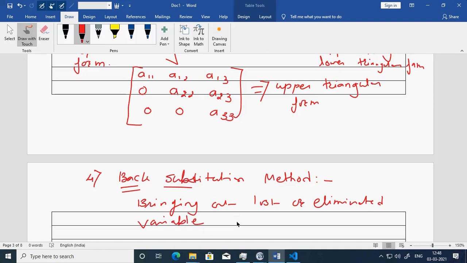This is what we call the back substitution method, and with the help of that basically we get the values of all x's. So bring out the lost or eliminated variable, and that is why Gauss elimination: first we eliminate it and then the last step is to back substitute it. Okay, so back substitution meant bringing out the lost or eliminated variable back. So we have the values of x. Okay.